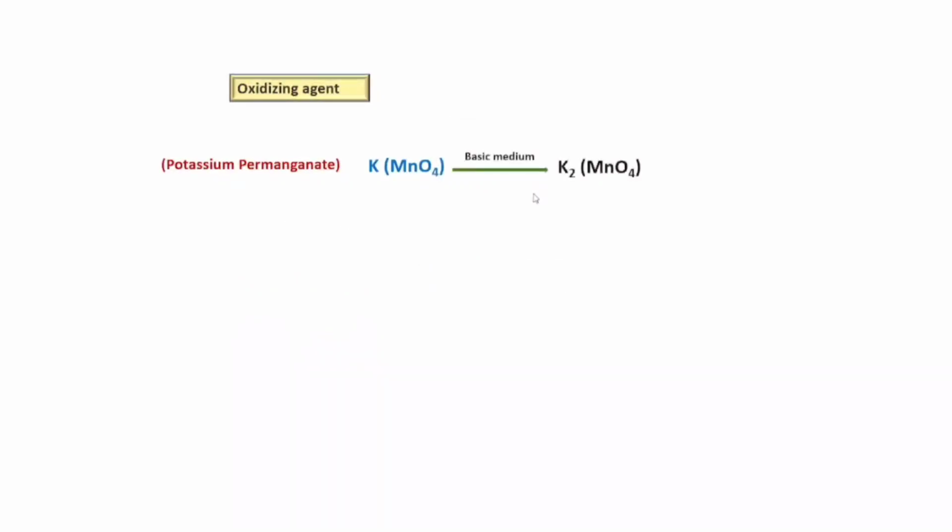In basic medium, KMnO4 becomes K2MnO4. There is no change in oxidation state of potassium. But the permanganate ion, as one more potassium is added to the molecule, has its oxidation state change from -1 to -2, to adjust the positive charge on potassium.